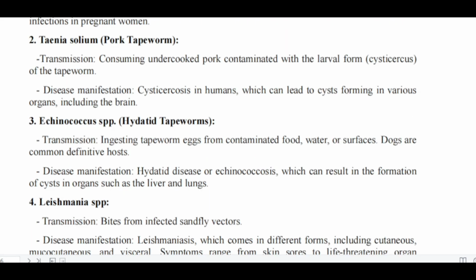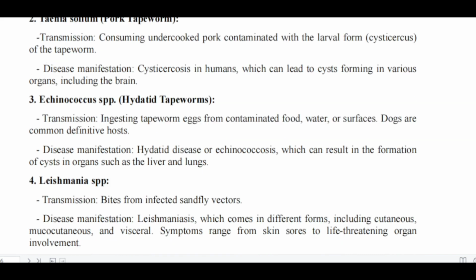And then you have Echinococcus species, especially the hydatid tapeworm. It is transmitted by ingesting tapeworm eggs from contaminated food, water, or surfaces. Usually dogs are the definitive host, but sometimes it can occur in humans too, because humans could be their accidental host.